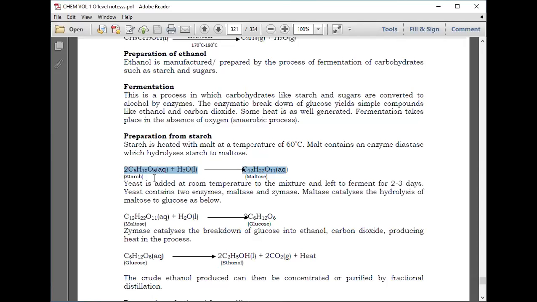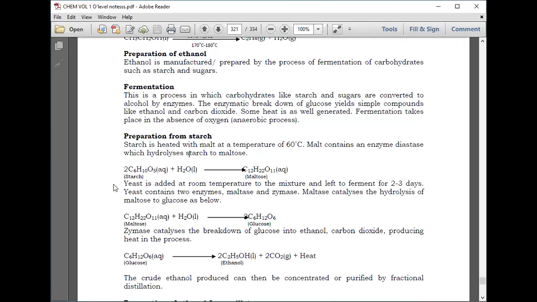You just add water to starch, which is a carbohydrate, like crushed cassava. Then you add water. Starch is heated with malt. That's the first step. Malt contains an enzyme which is called what? Diastase. And diastase converts starch to maltose.